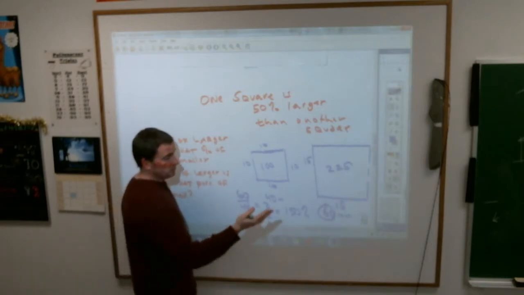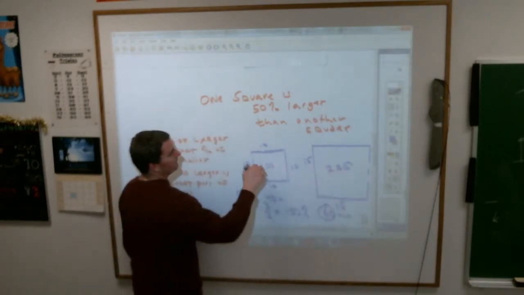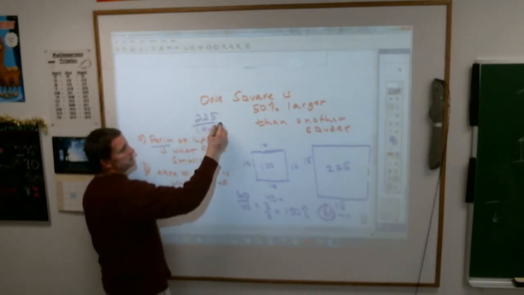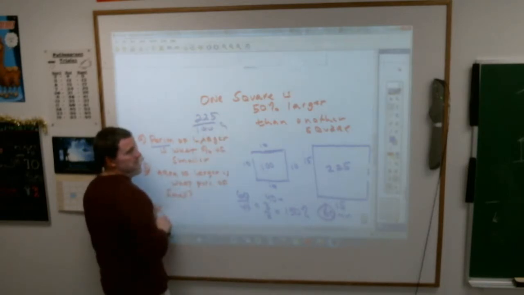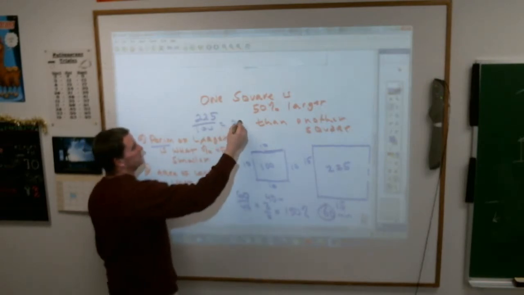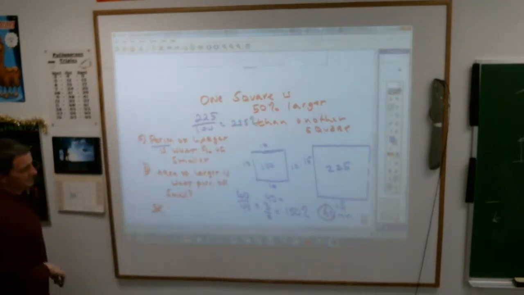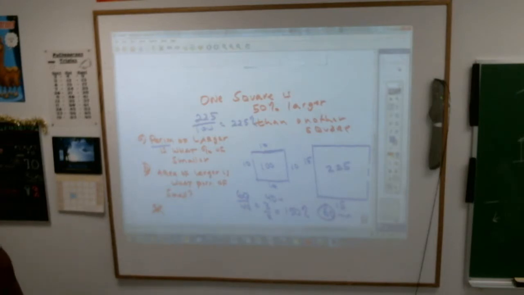What fraction would you use? 225 over 100, and that's an easy one to turn to a percent. So what percent is that? Yeah, it's 225 because percent means over 100 and it already is over 100. Does that make sense? I know it does.